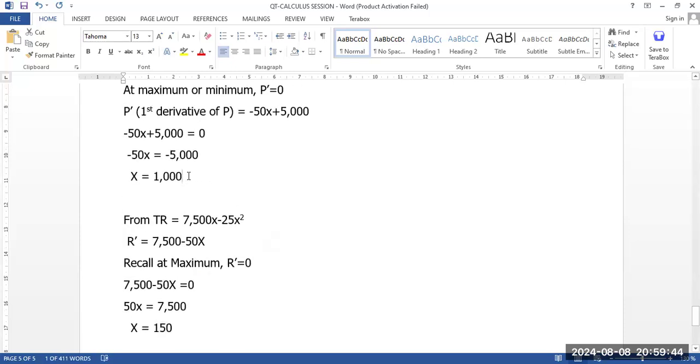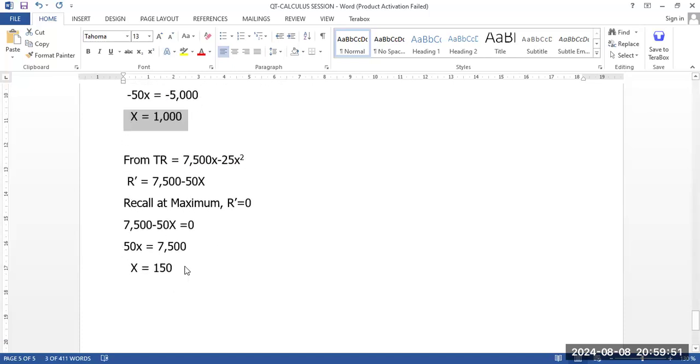But to maximize profit, you need how many tractors? 1,000 tractors. So once you get this figure, you can be in a position to get maximum revenue, which will be equal to, in your revenue function, where there is x, put 150.